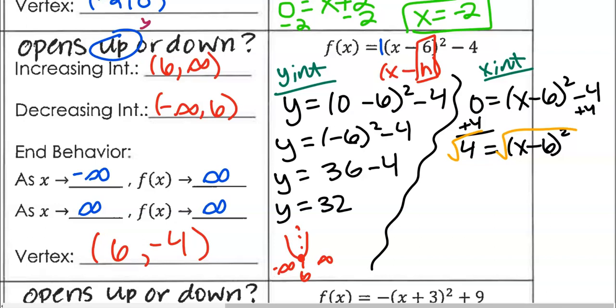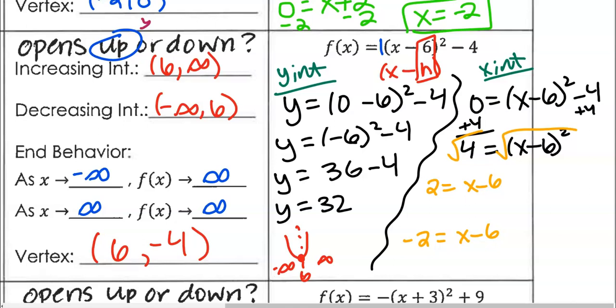Square root of 4. So yes, that's one of them. How about negative 2? Don't most parabolas cross over in 2 places?